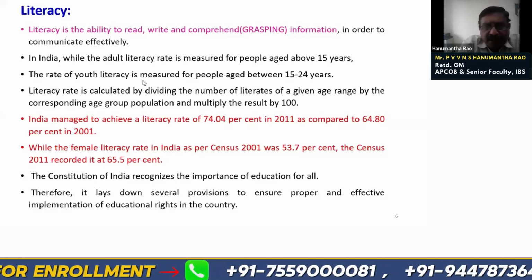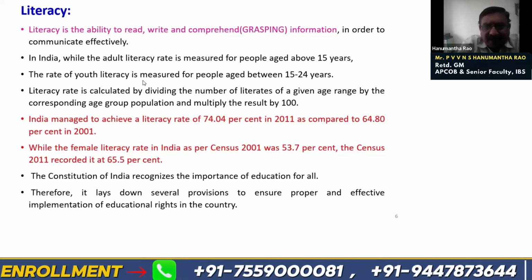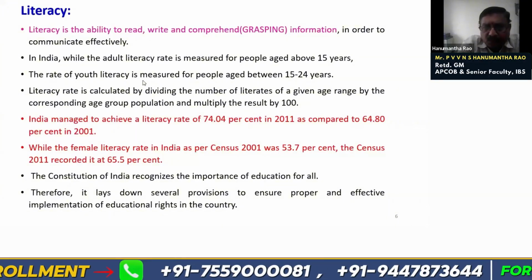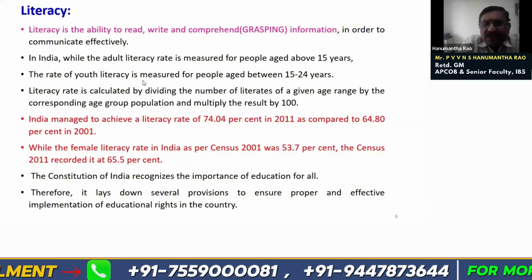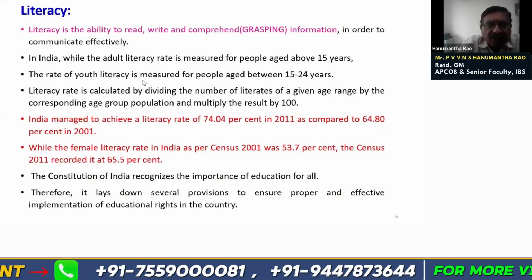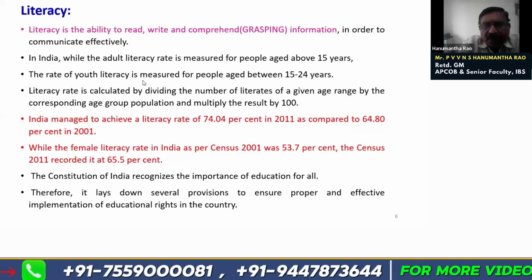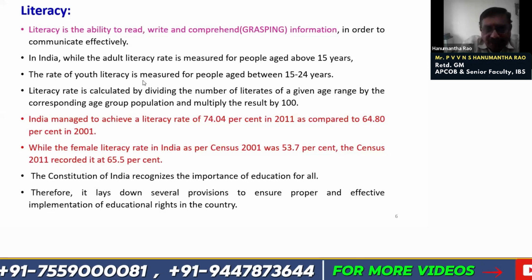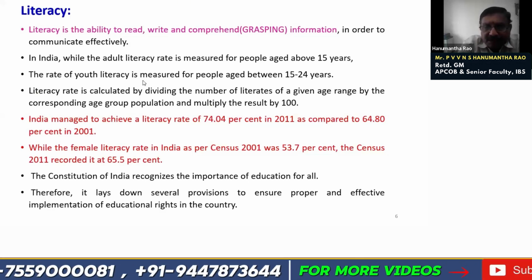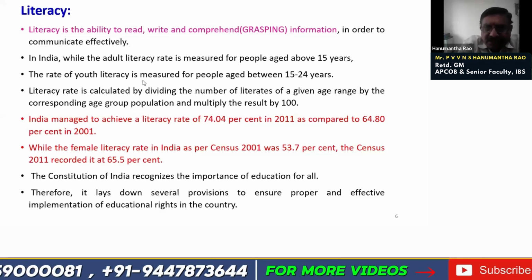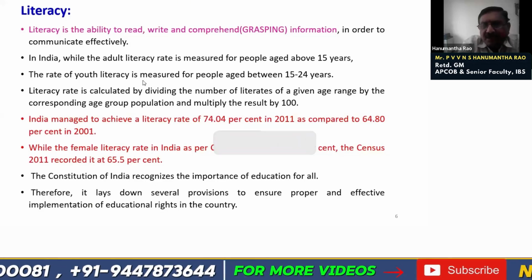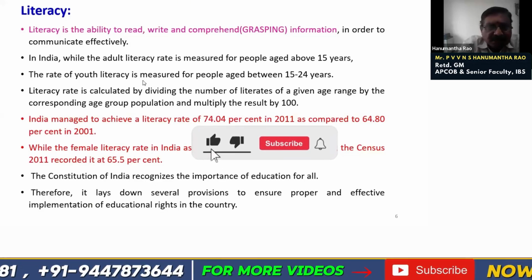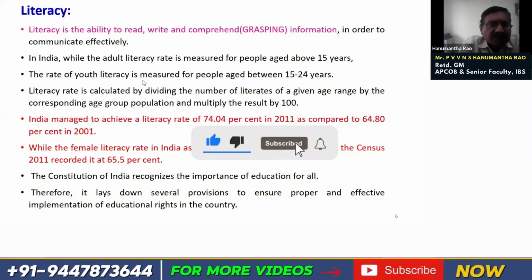The next point is also very important. While the female literacy rate in India as per census 2001 was 53.7%, now it has gone up to 65.5% in 2011. Please remember this information. Several times they asked it in our CAIIB examination.